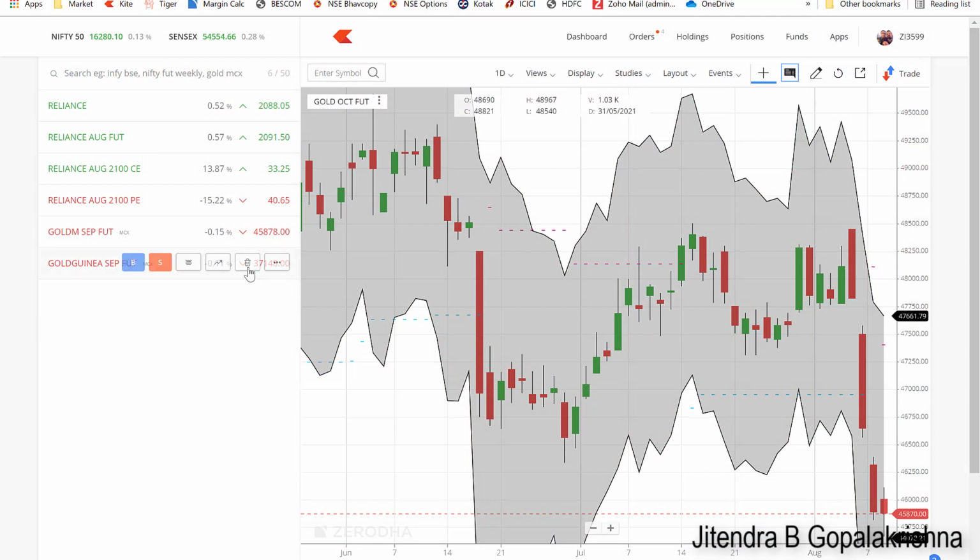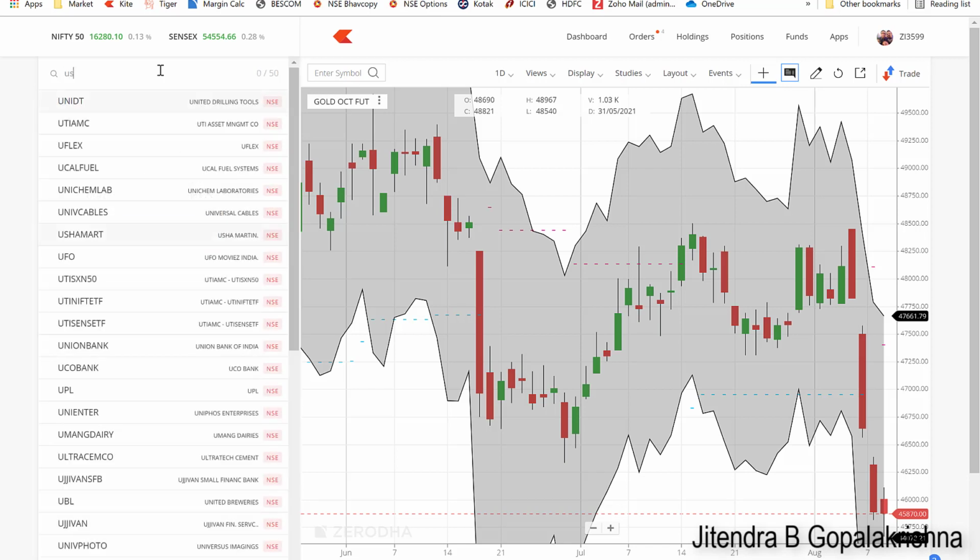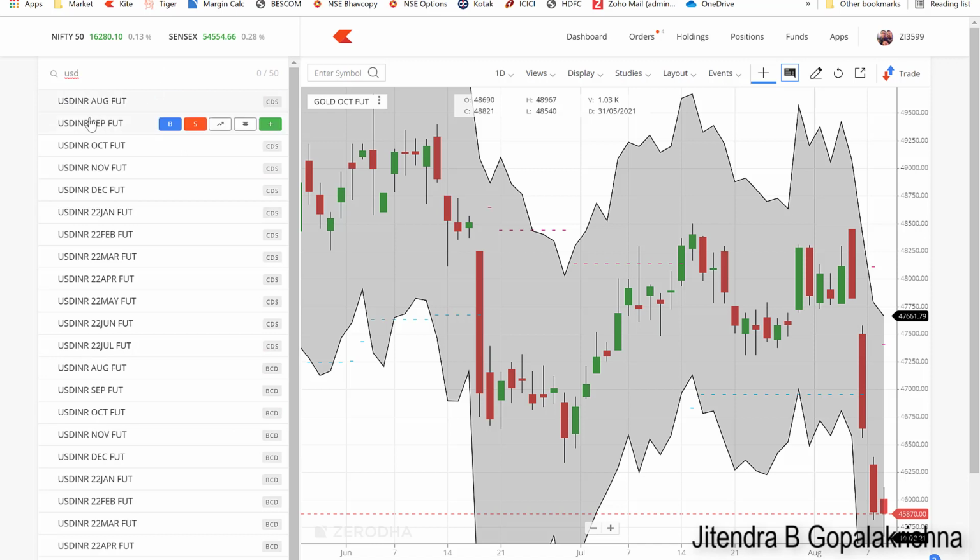I'm going to delete all of these here. We finished seeing futures and options with respect to this thing. Now if I type USD, look at here, USD INR August future, right? And then I have September. Again, multiple contracts are available, so it has different expiry dates.